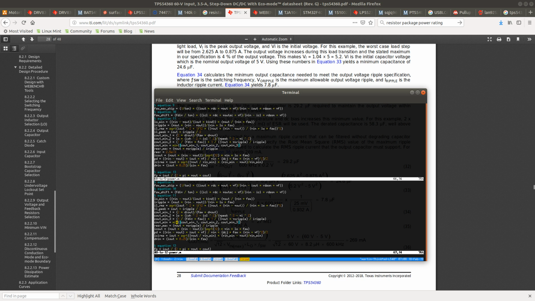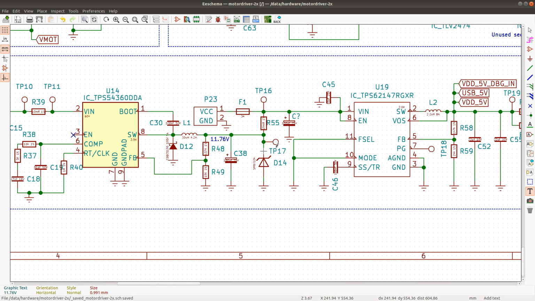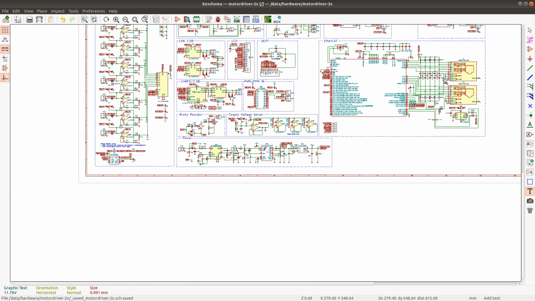And what we can do here actually is add a 2.2 microfarad capacitor as well. Let me just move this out a little bit.